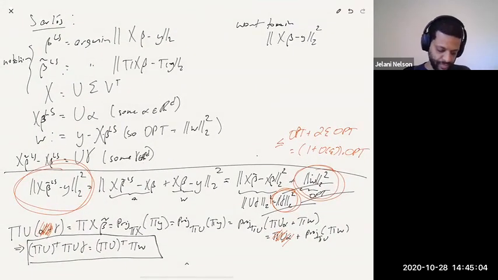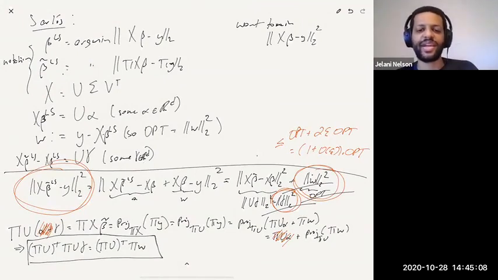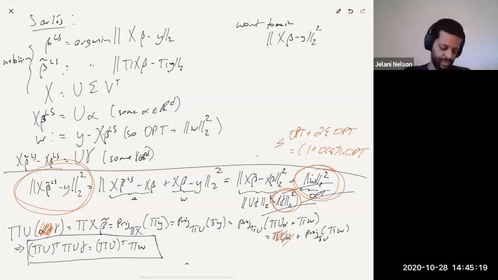Okay. So I know this is pretty calculation heavy, but all I want to say is you can basically use some of the tools from Charlotte's AMM style analysis of sketch and solve and plug them into our current situation.